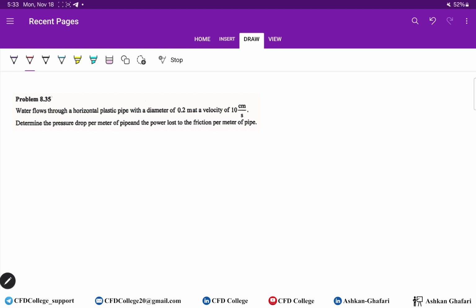The second problem, number 35 of chapter 8: water flows through a horizontal plastic pipe. When you have a plastic pipe, it means that roughness is 0.